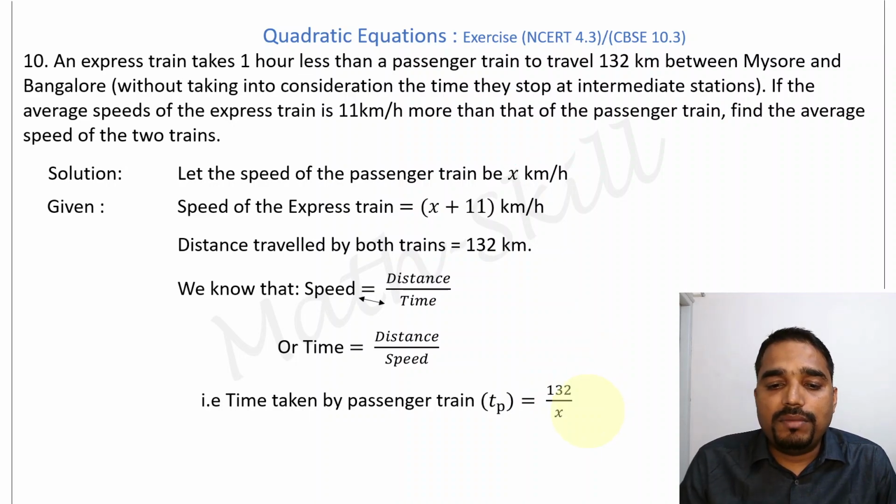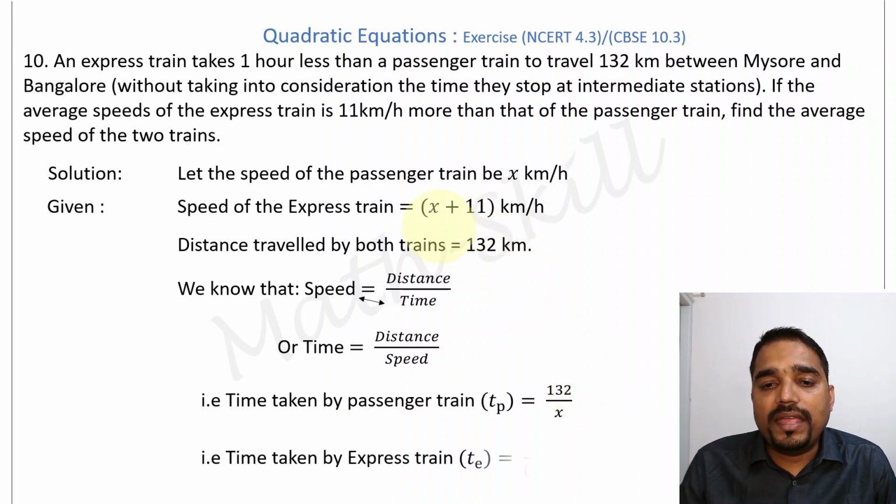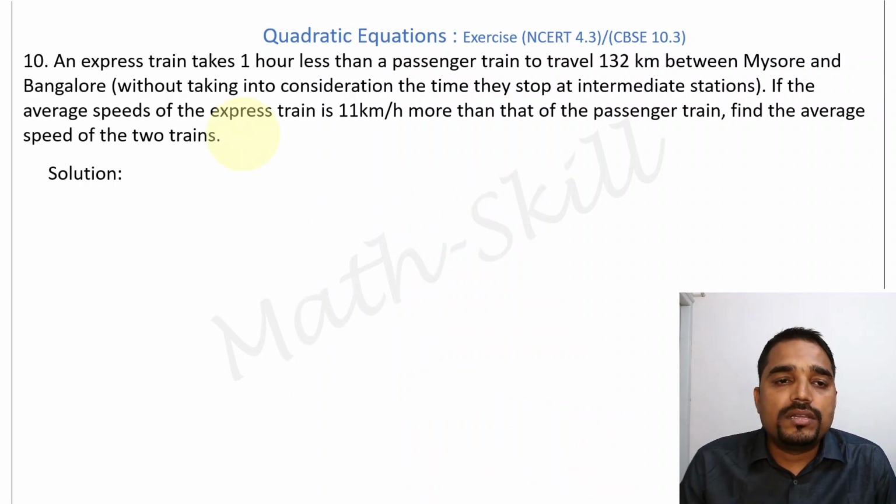Similarly, the time taken by the express train is 132 divided by x plus 11. Also, he gives a condition that the express train takes 1 hour less than the passenger train, therefore TE is equal to the time taken by the passenger train minus 1.